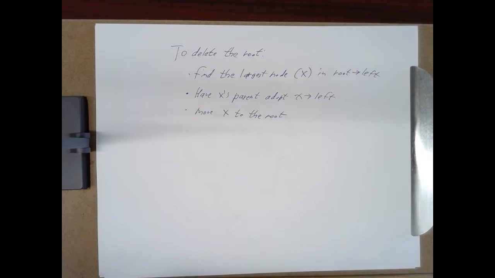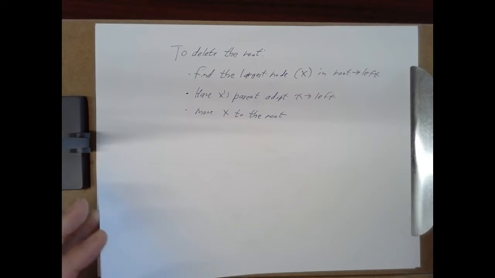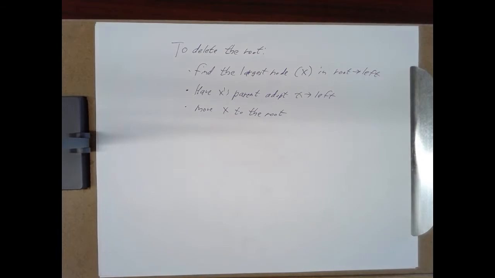And there's details in here, and we'll go through some of this when we look at algorithms for this in terms of pseudocode, but this is the basic sketch. But when we say move X to the root, what we mean is don't just copy the data value, because that data value could be huge, could be millions of bytes. What we mean is take the node X, have its left child point to whatever the old root's left child was. Have its right child point to whatever the old root's right child was.